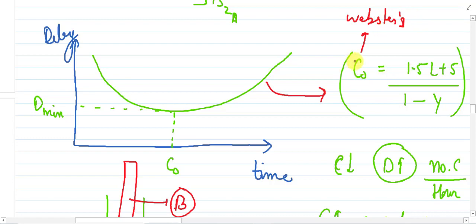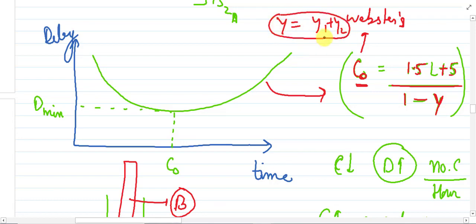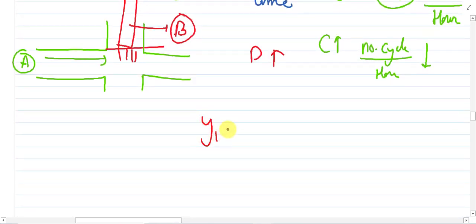Okay, in this case, Webster says that the optimum cycle length of traffic signal will be equal to 1.5 of lost time plus 5 seconds divided by 1 minus Y, where Y represents the summation of y1 plus y2 plus y3, and y1, y2 are the ratios of existing flow.